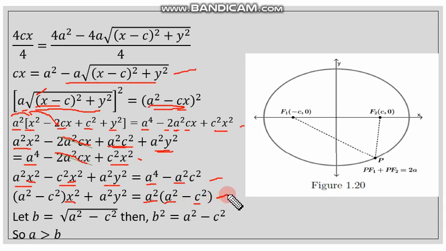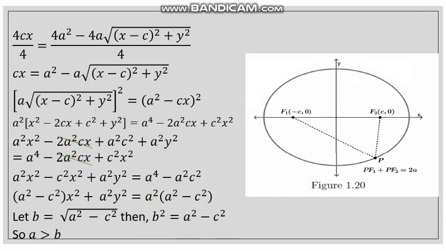We will pause here, and then we will let b equal the square root of a squared minus c squared. Then b squared is equal to a squared minus c squared. So the value a squared minus c squared from earlier, we will let it be b squared.